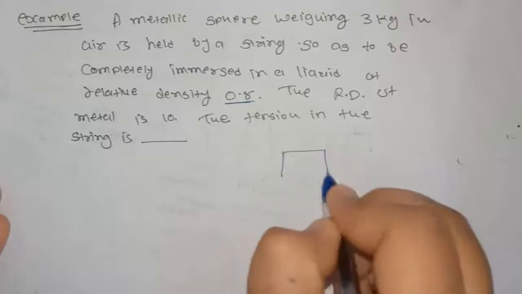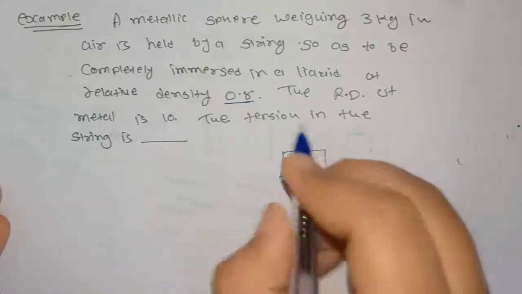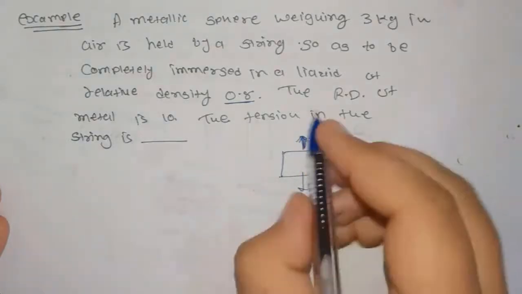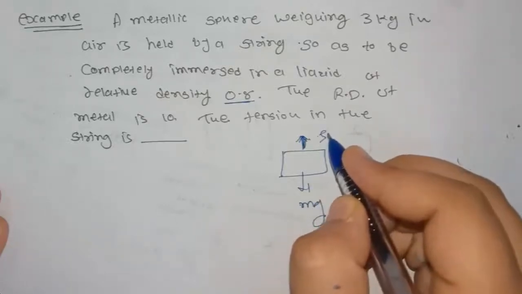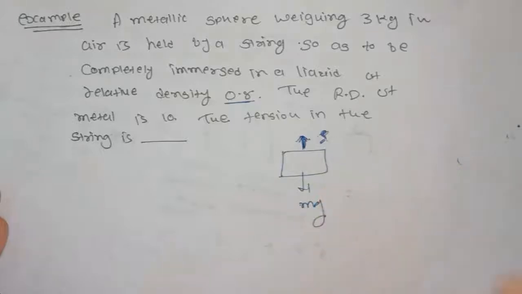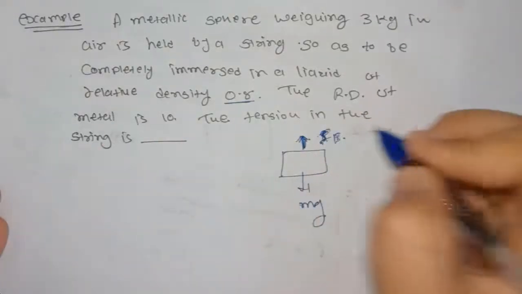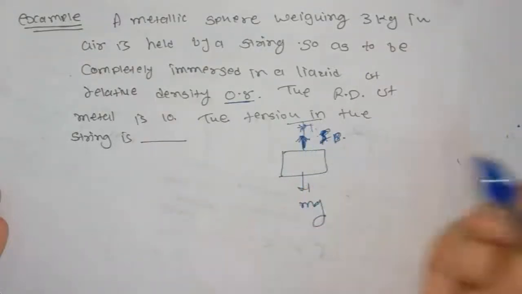If this is the body, there will be gravitational force in the downward direction and upthrust in the upward direction. That will be equal to Fb. It is held by a string. We want to find the tension in the string.